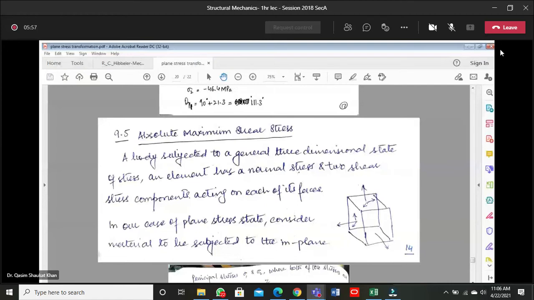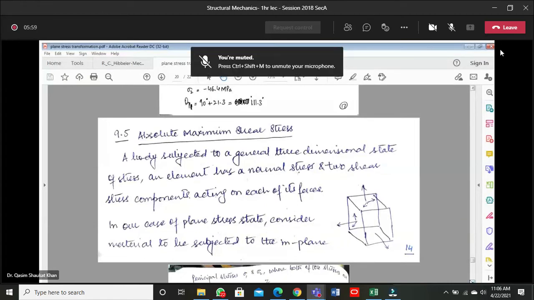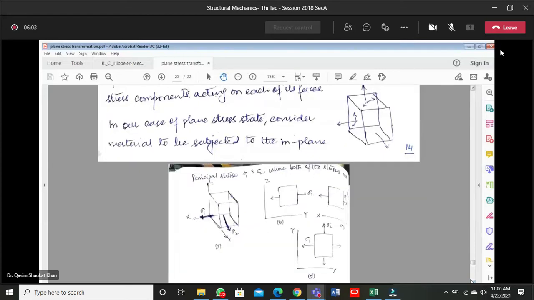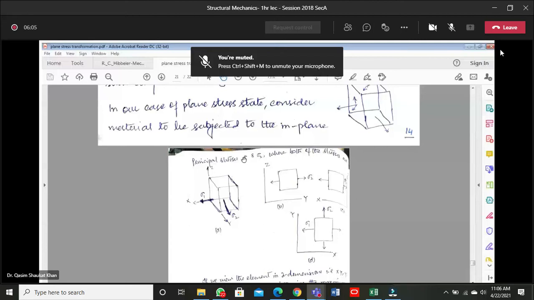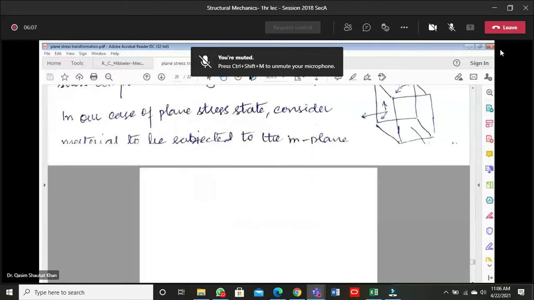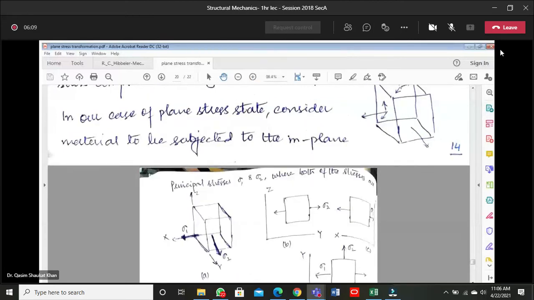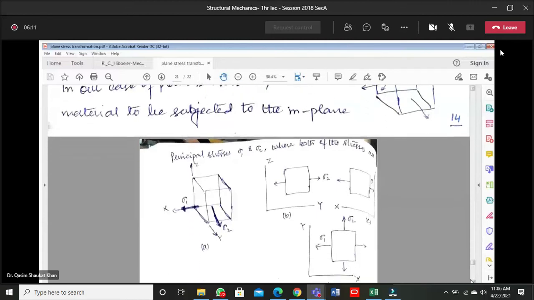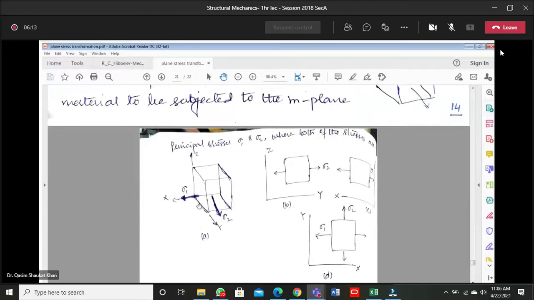If you focus on this figure, you have a triaxial element with x, y, and z axes, and our case is simplified to a biaxial scenario.